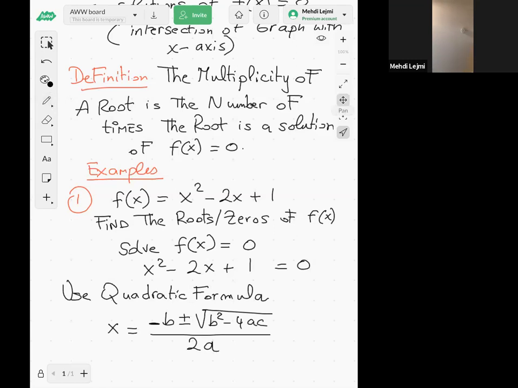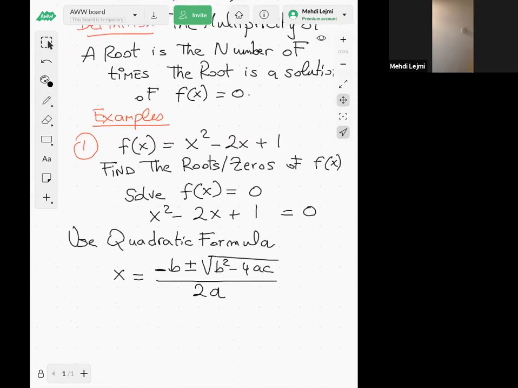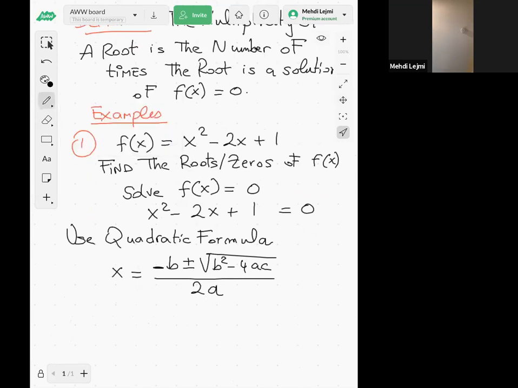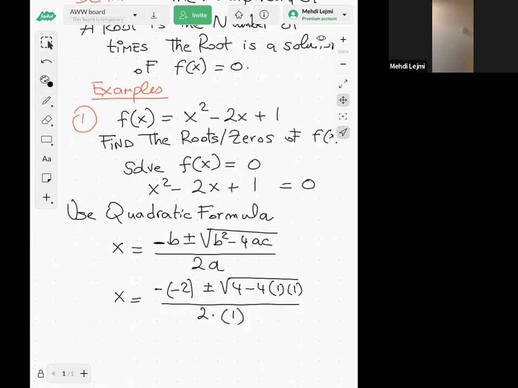So here, x is minus b, so minus negative 2, plus or minus the square root of b squared, which is 4, minus 4 times a, that's 1, times c, that's 1, over 2 times 1.